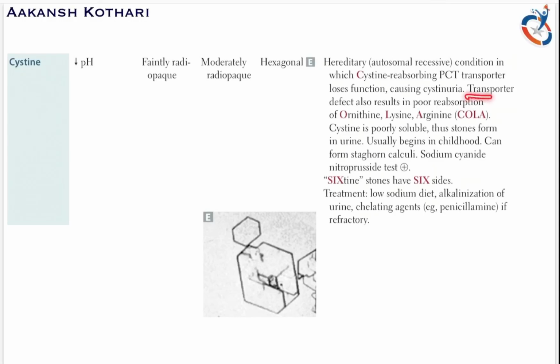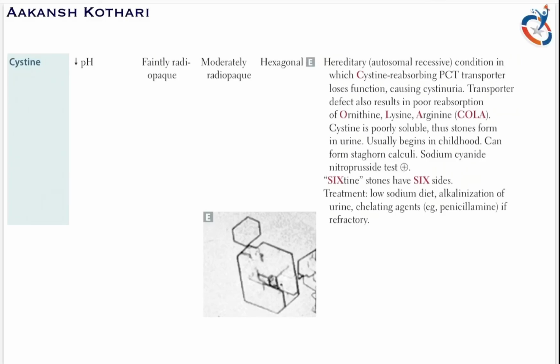The transporter defect results in poor reabsorption of various other substances as well, that is ornithine, lysine, and arginine. So you remember it by C for cysteine, O for ornithine, L for lysine, and A for arginine, hence COLA. Cysteine is poorly soluble and thus forms stone.